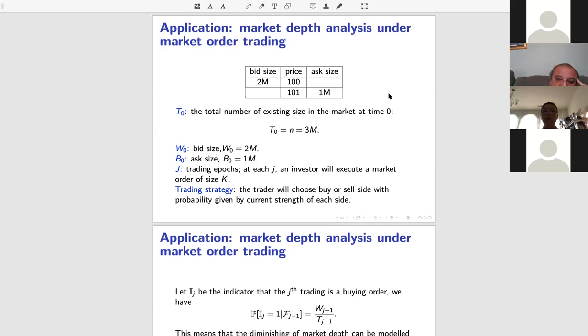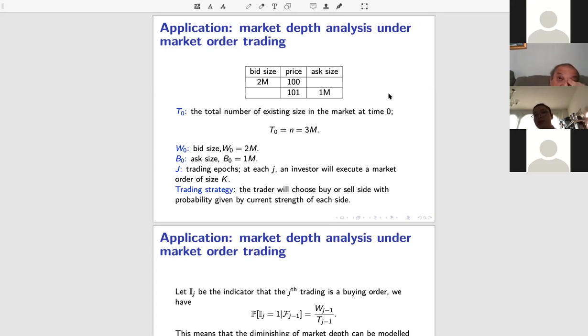If at time 1 we have an investor coming into the market, and by observing the current market data, the investor will have a probability 1/3 to be on the selling side.